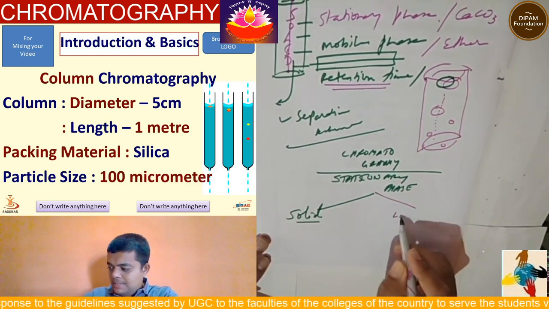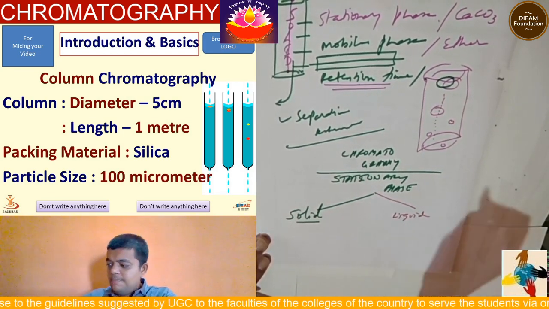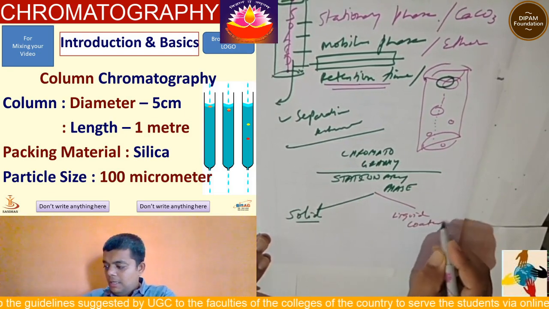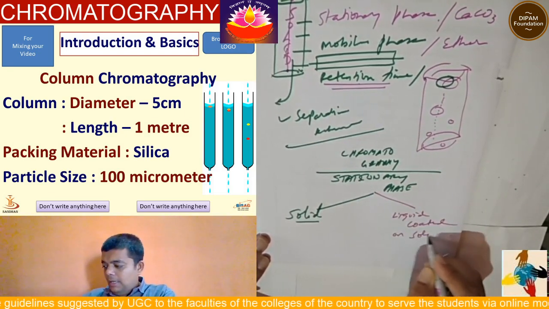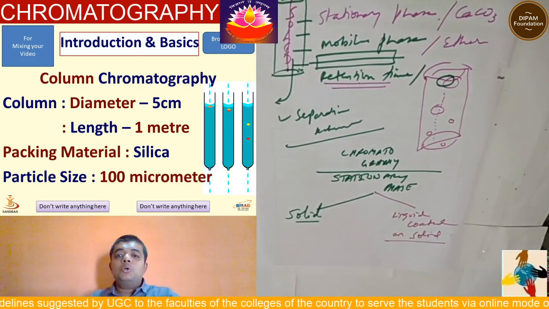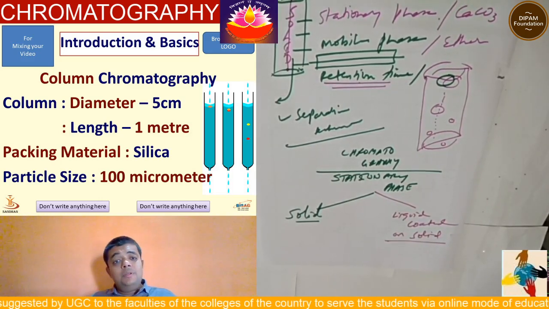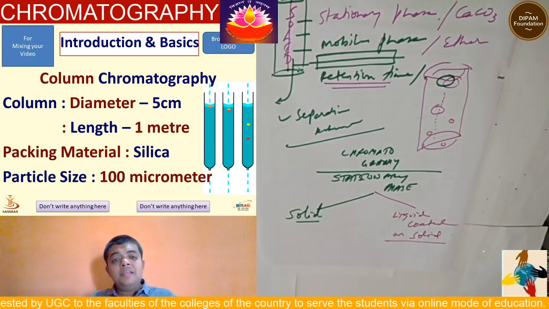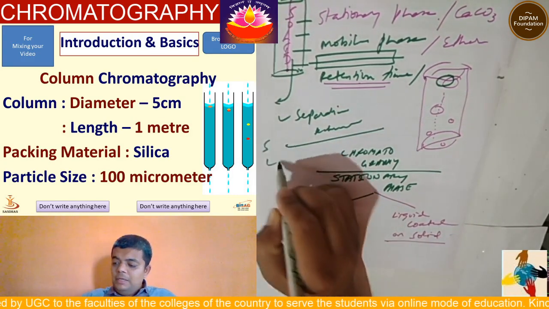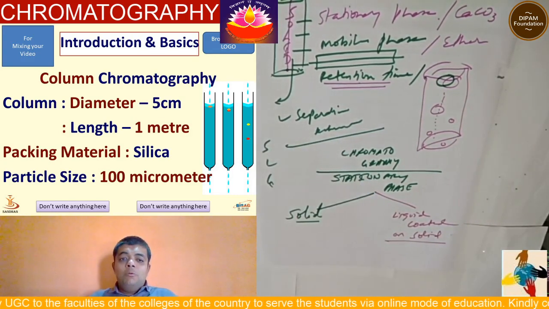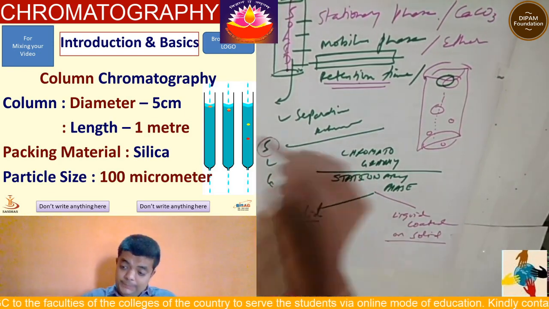And that is, in simple words, liquid coated on solid. So as of now, the concept of being stationary among solid, liquid and gas was restricted to solid only.